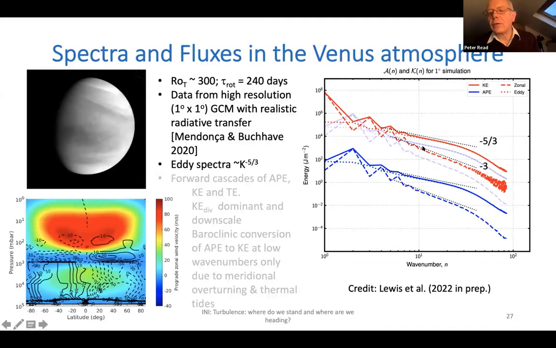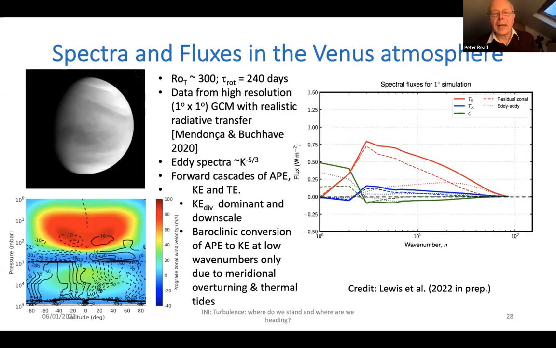But we see that the zonal flow this time doesn't follow a k to the minus 5, it follows something more like a minus 3. So this is typical of an atmosphere that is very much out of the geostrophic rapidly rotating regime. And the spectral fluxes are correspondingly also somewhat different.